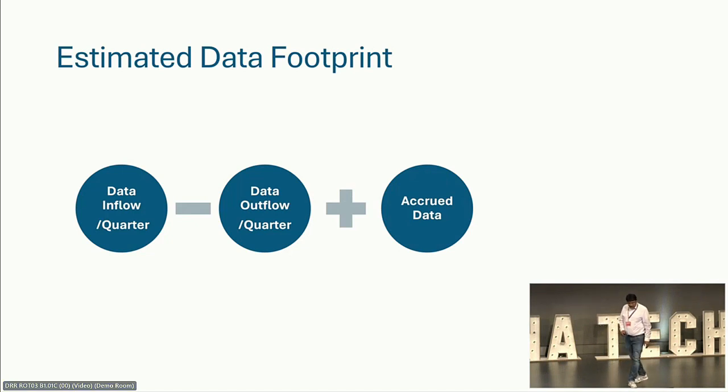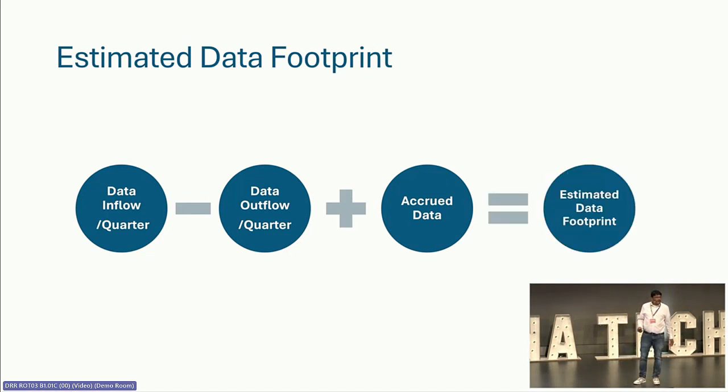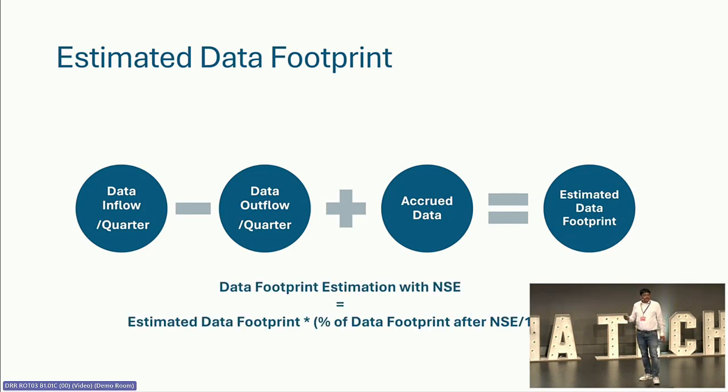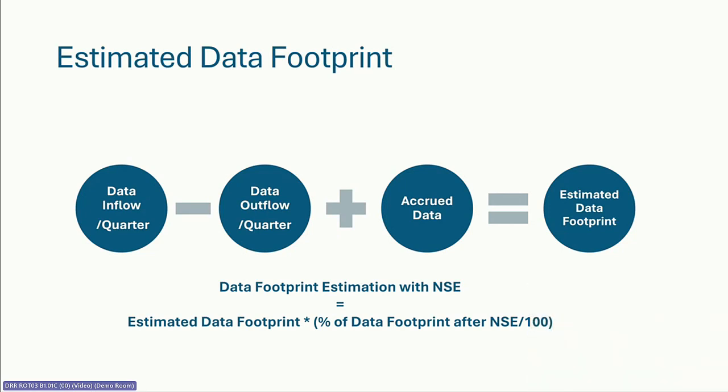That makes up my estimated data footprint. But that's not it. We still need to apply the saving factor that we achieved from NSE. So you simply multiply it with your saving percentage coming out of the NSE implementation. That is your final data footprint estimation. So until this point, we have understood 50% of the HANA sizing requirement.